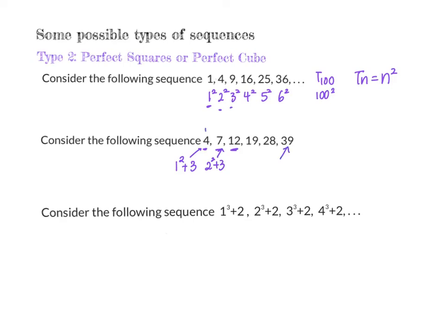This is the 1, 2, 3, 4, 5, 6th term. If I go according to this pattern, it will be 6 square plus 3. So for this kind of pattern, term n will be n square plus 3.